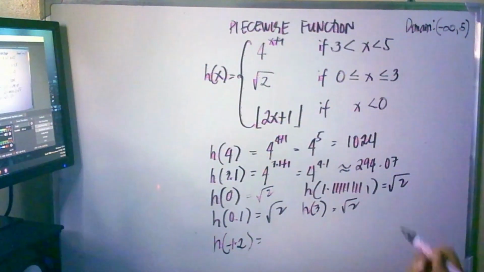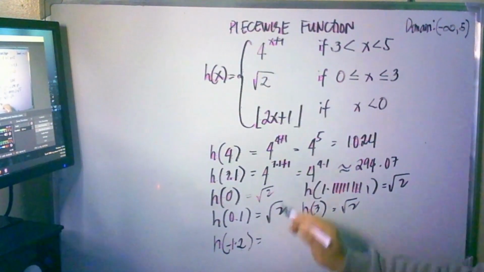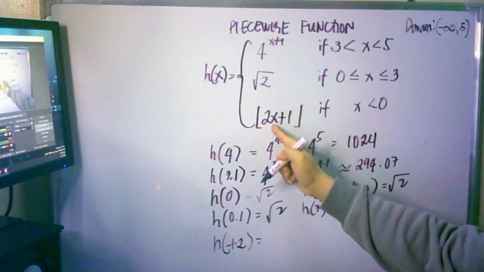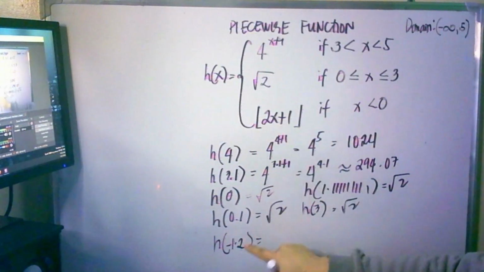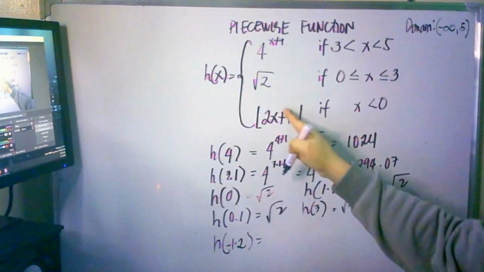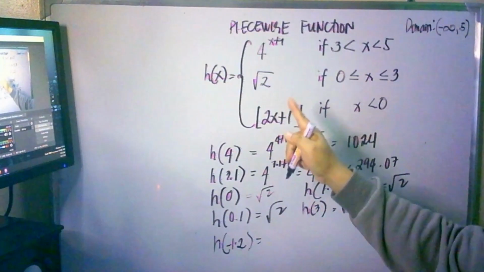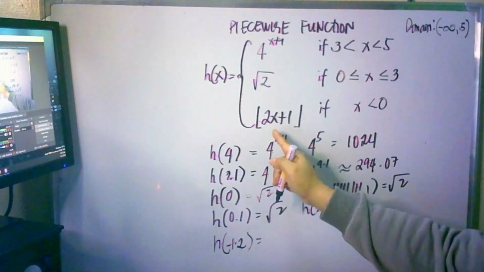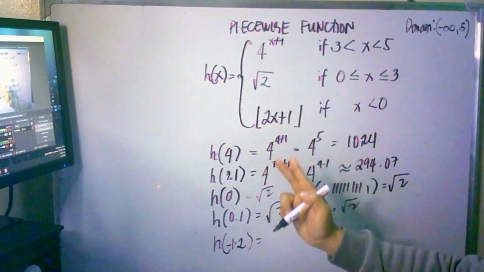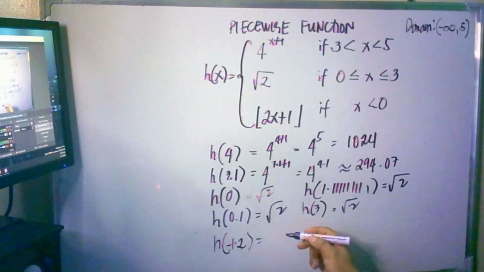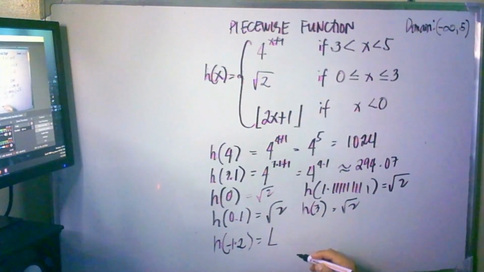Okay. Sige, let's now answer. So of course, our inside function is a polynomial function, so you need to substitute negative 1.2 to the polynomial function. But there's another function outside it, that's the floor function. So dapat, ang final answer natin is an integer. So how do we do that?